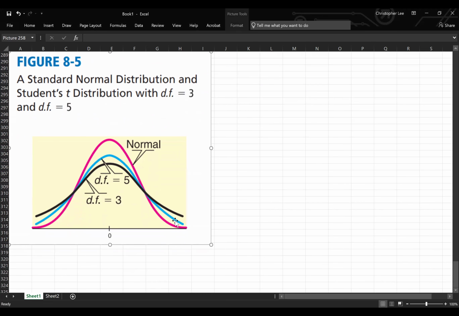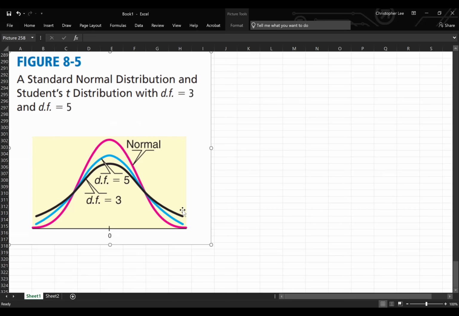What I want you guys to notice though is when you look at the normal distribution, look at these tails. You see how the tail is like right there on top of the x-axis? But for the t distributions, you see how they're approaching the x-axis, but they haven't reached there yet. So their tails are thicker. That's what they mean by thicker.